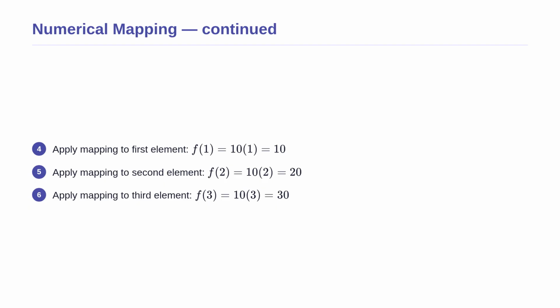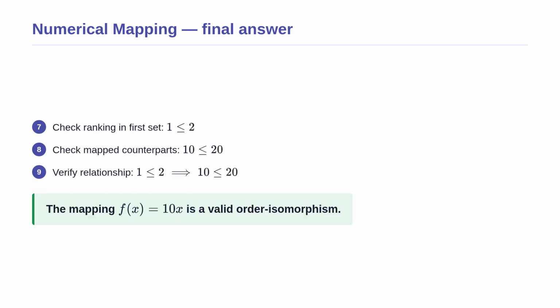Because every element in P maps to a unique element in Q and nothing is left out, we have successfully proven the bijection requirement. Now we must verify that the structural ranking is preserved. In our starting set, it is a known fact that 1 is less than or equal to 2. We look at their mapped counterparts, which are 10 and 20.